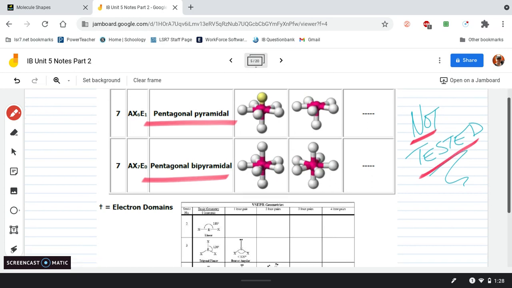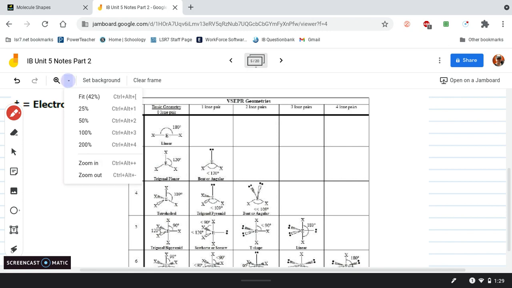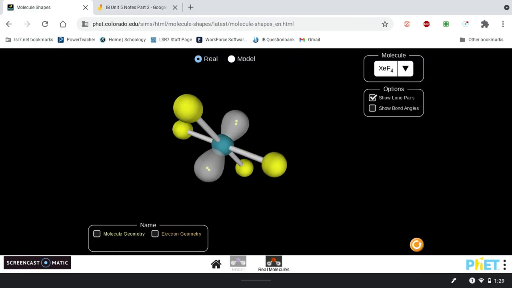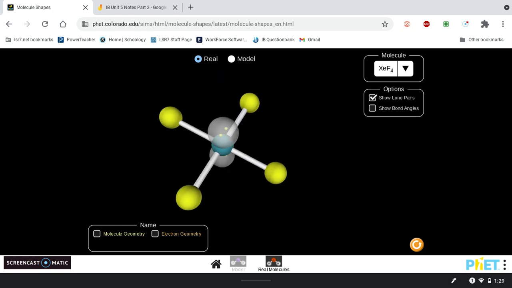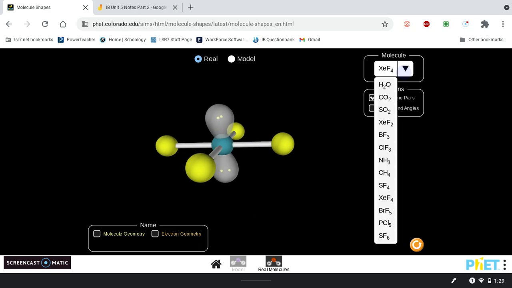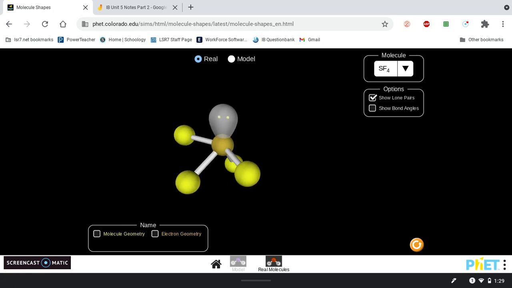All right, and I put this on here because when you're drawing things on a piece of paper, you're trying to take a three-dimensional object and draw it. Like this is awesome, right? I've got this computer model and I can definitely see that this square planar is flat, and then I can go over here and look at this seesaw and see that it's not flat.